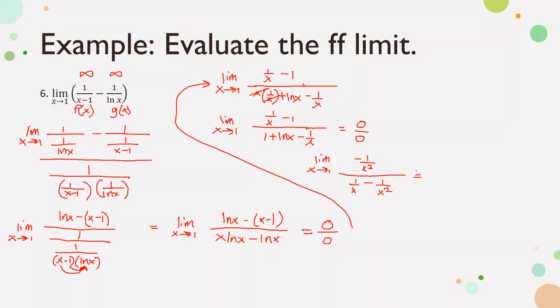Negative 1 over 1, that is negative 1. I'm sorry, this is already minus, so derivative of negative of 1 over x is positive 1 over x squared, and since this is minus, so this would be plus. So we have 2. So our final answer now is negative 1 over 2.